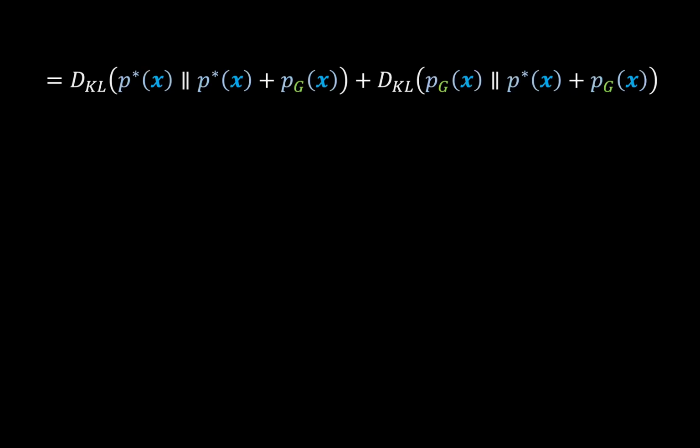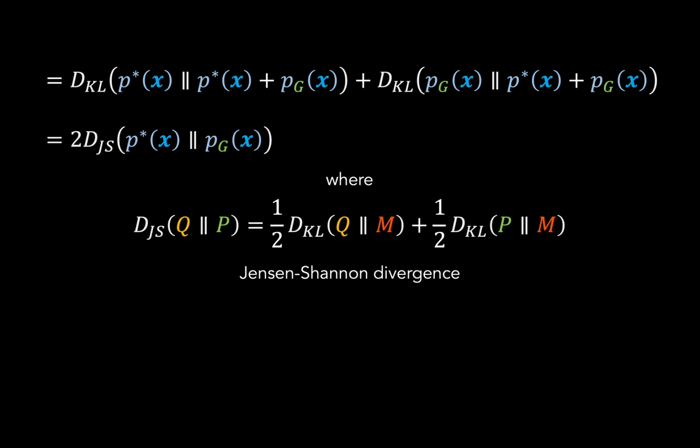Now, being the savvy statisticians we are, we can also recognize this as 2 times what's called the Jensen-Shannon divergence between P star and PG, where this divergence is just half the sum of KL divergences with some reference distribution M. Now this is quite neat because we've just shown that optimizing the generator, assuming an optimal discriminator, is just equivalent to minimizing the Jensen-Shannon divergence between our two distributions P star and PG.